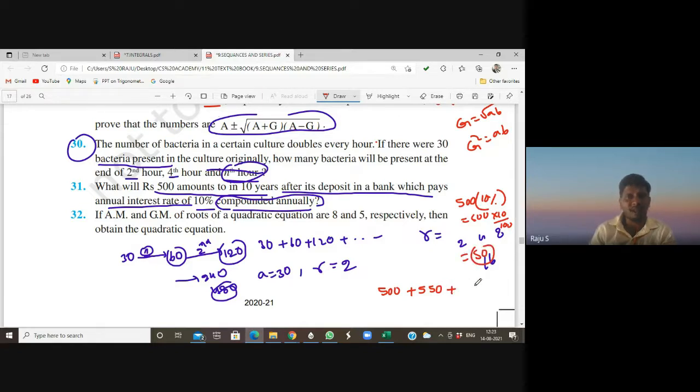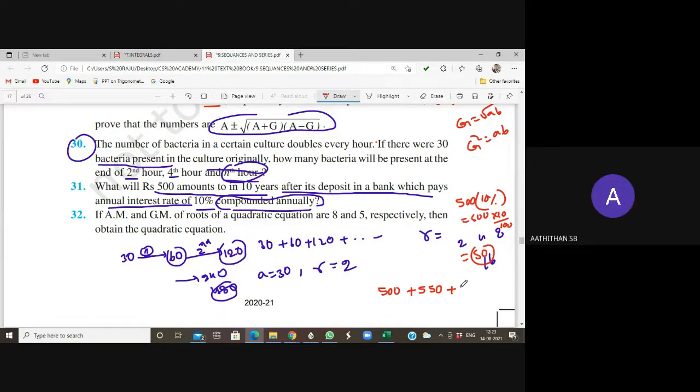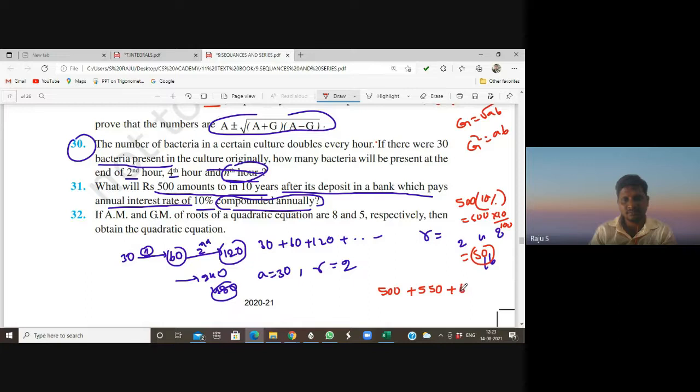End of the second year? 605. 10% of 550 is 55, so 605. Again 10% of 605 is 60.5 rupees, like that.